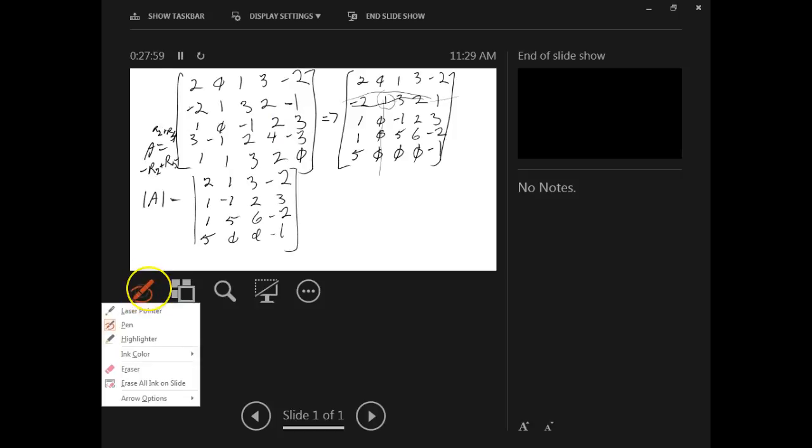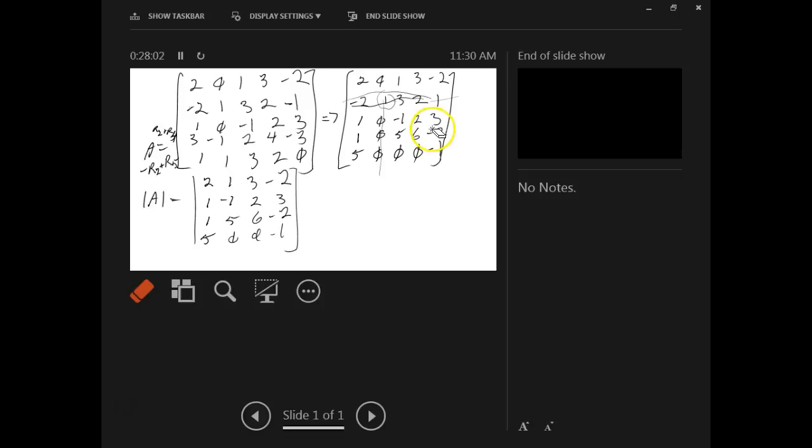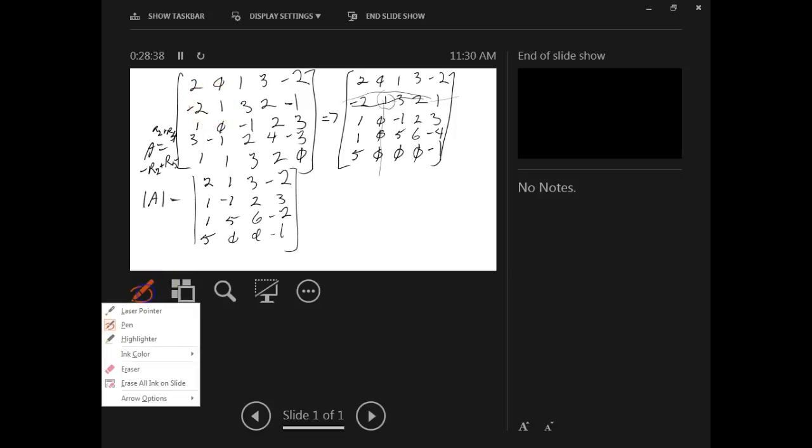Okay. Then we did minus row 2 to row 5. Minus row 2 plus minus row 2. I said minus 2 times row 2. I blew that one. Minus row 2, that would be 2. That's a 3. Okay.